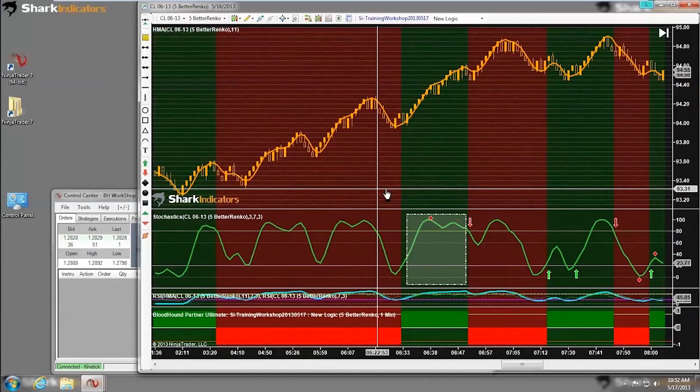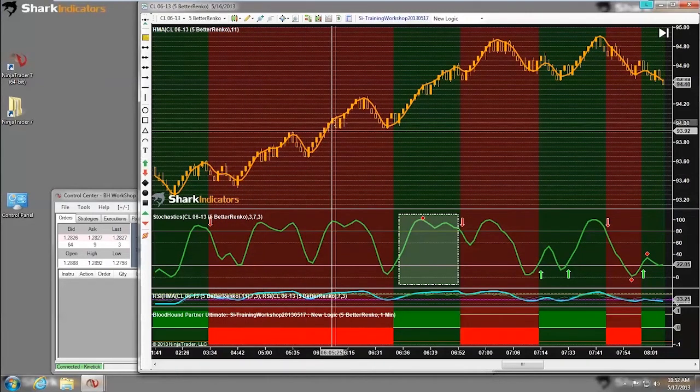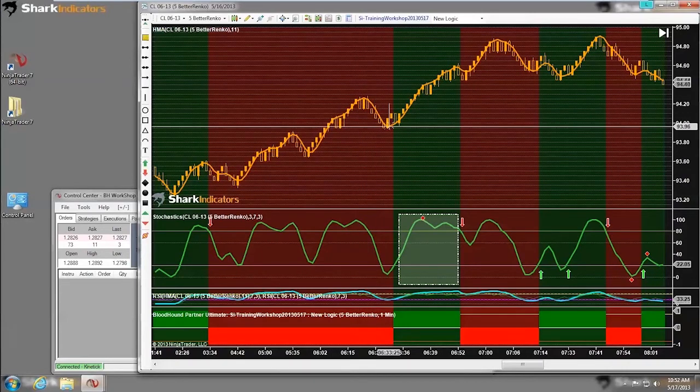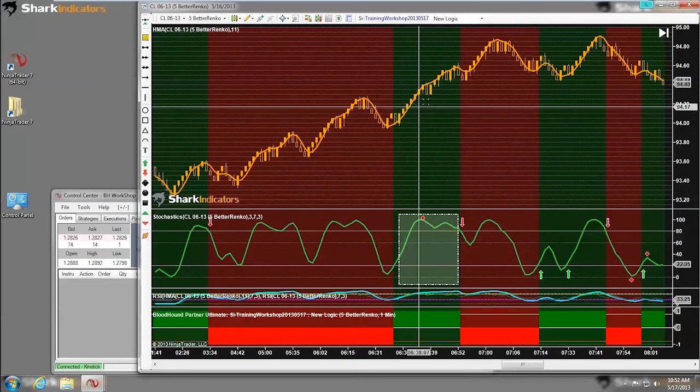And we can see that this isn't a perfect system because we've got this short here, and what happened was, right, the stochastics wasn't able to get below the 20 to toggle long, right? And so the market, as you can see, price started trending up, trending up, trending up, until finally there was a big enough pullback that the stochastic was able to pull below the 20, and then finally we got our long bias here.